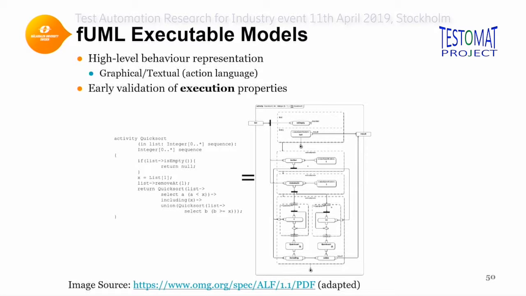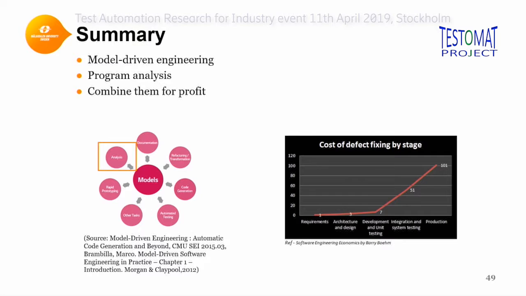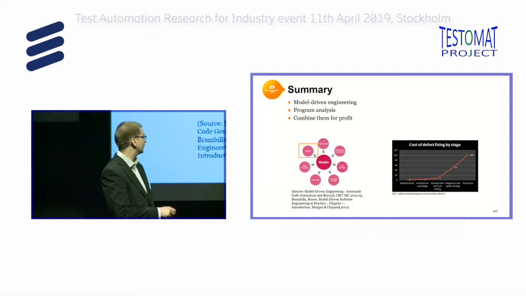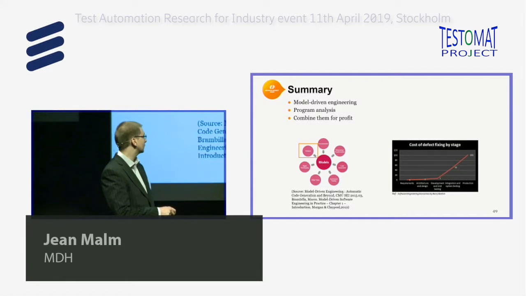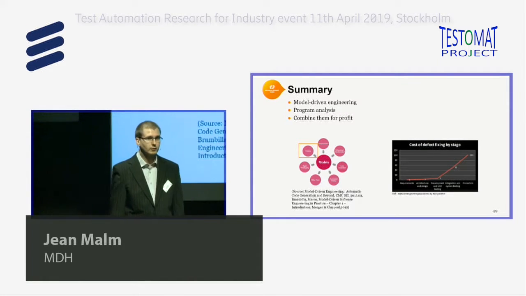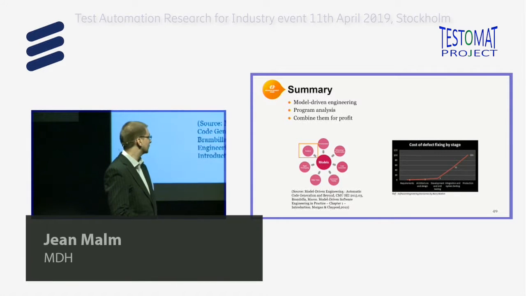And once you have this executability, you can then do analysis of executable properties of your program at a very early stage. So if we go back, you have development here, where you would start getting code, but you might already have an executable model at this point of development. So it will be less costly to find issues with execution at this point than at this point.